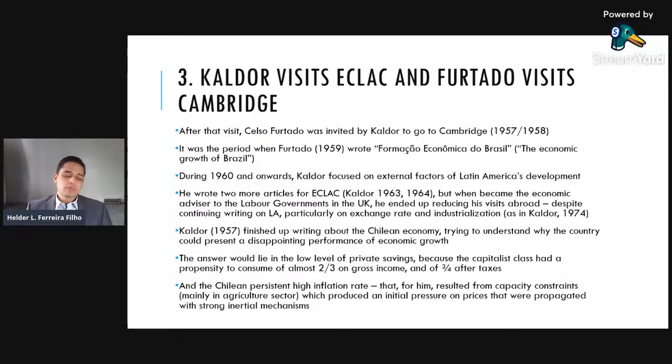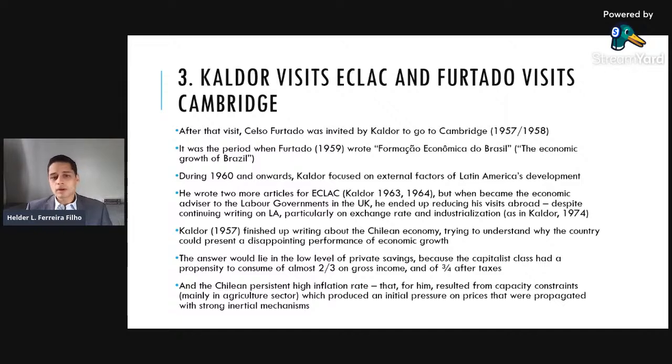After that visit, Celso Furtado himself was invited by Calder to go to Cambridge, which he did in '57 and '58. Indeed, it was the period when Furtado wrote Formação Econômica do Brasil, the economic formation of Brazil, one of the, or maybe the best work by a Brazilian economist. During the 1960s and onwards, Calder focused on external factors of Latin American development.